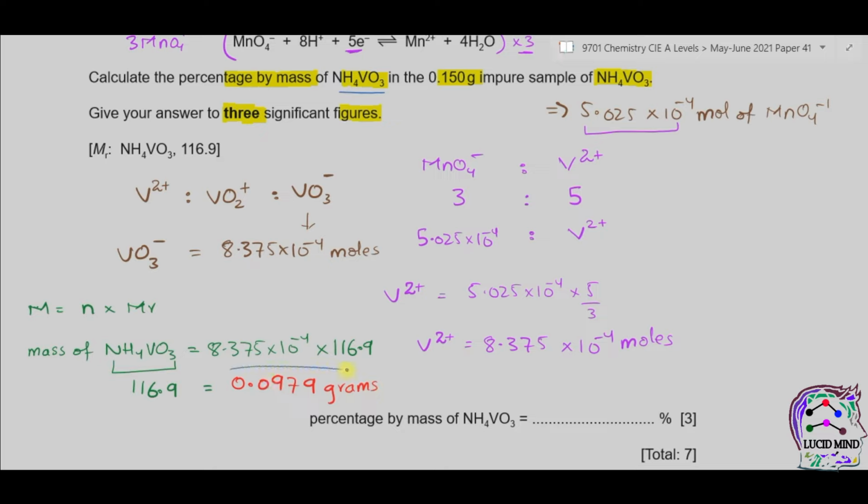Now this is the mass of pure NH4VO3. We have a 0.150 gram impure sample, so let's find the percentage by mass.